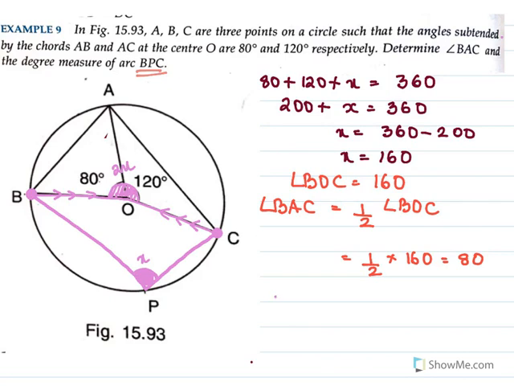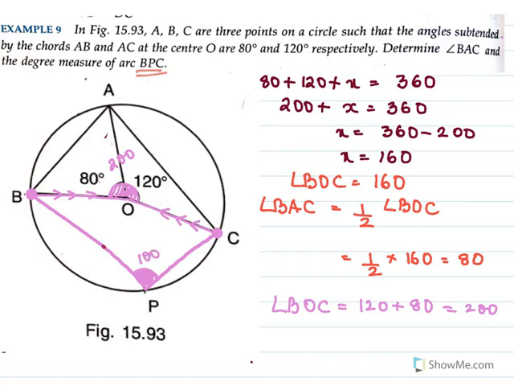So if angle BOC is 120 plus 80, that is 200. So this angle now is 200. This 2x is 200. Therefore angle BPC, which is at the circle, this angle will be 100.